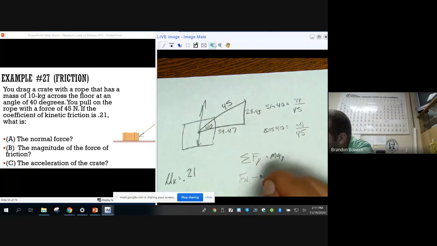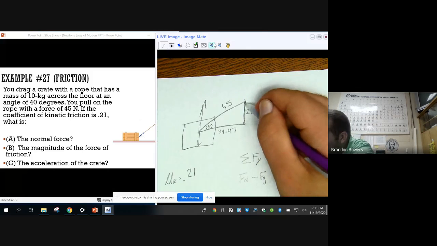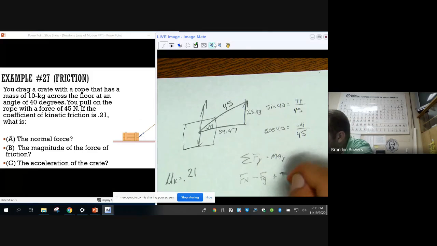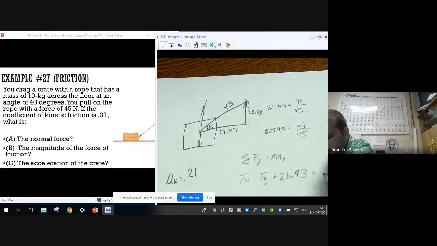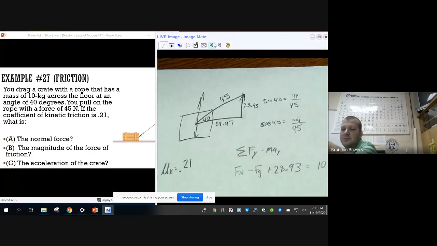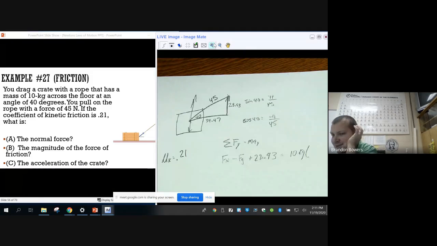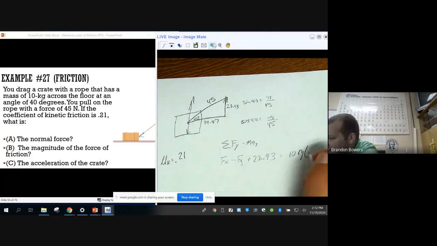So I'm going to minus the force of gravity. My other y, I'm pulling up, is 28.93 is equal to the mass. Mass is 10. And the acceleration, is the box moving up or down? No, it's not. So the acceleration in the y direction is actually going to be 0.